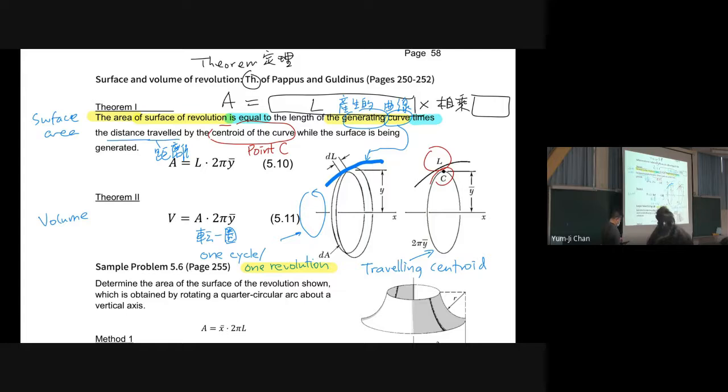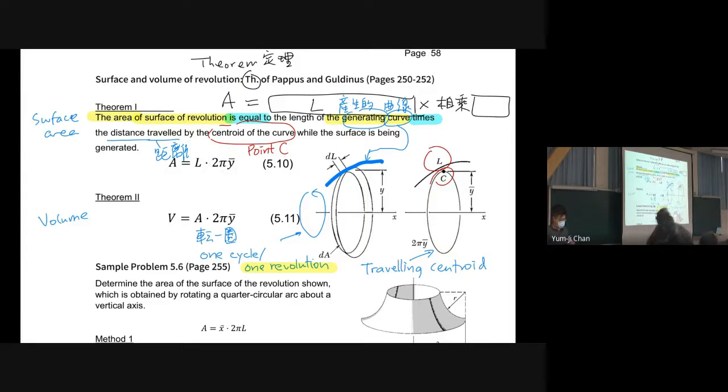It means the area of surface of revolution A is equal to L times the length of this path. So the length of this path is equal to what? Equal to the radius of the circle times 2 pi, so 2 pi y bar.